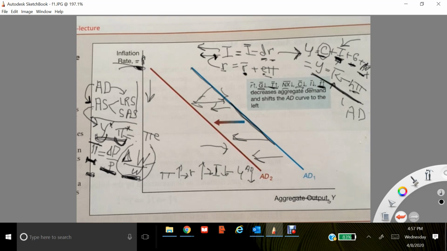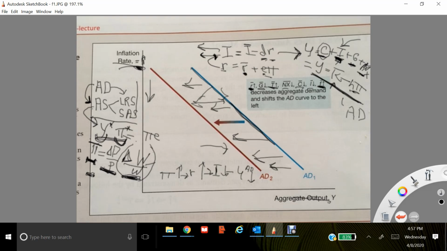As the autonomous real rate of interest changes, okay? We discussed that last time. That would also result in a fall in aggregate demand. Okay, so that's how we would get a shift in the aggregate demand curve.